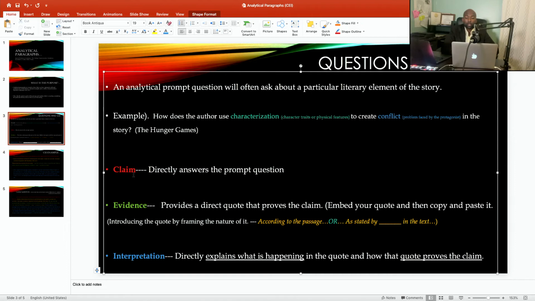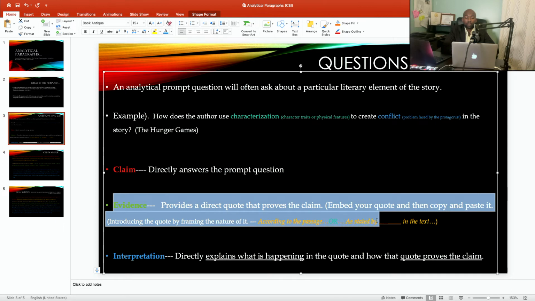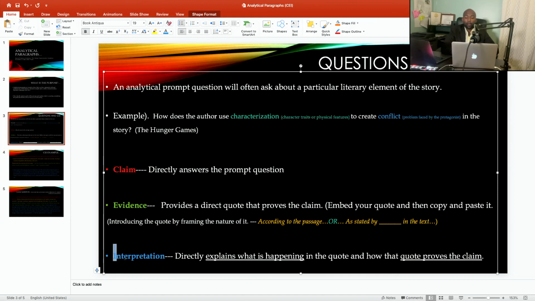Okay, so I got claim first, then the evidence, which is going to be the middle part of the paragraph. And then the final part of the paragraph is the I, which is for interpretation. The interpretation is the biggest part of the paragraph. It does two things. Number one, it directly explains what's happening in the quote.